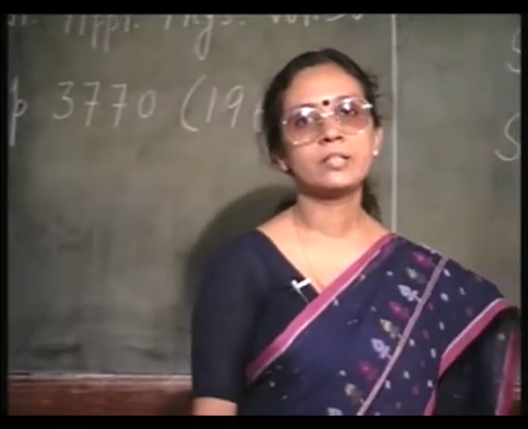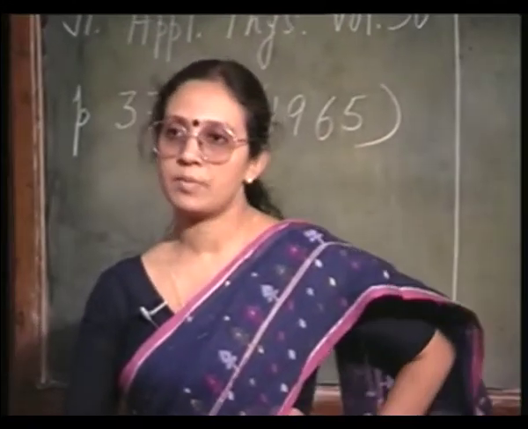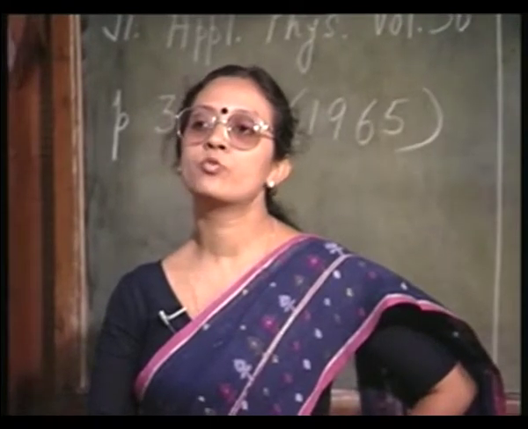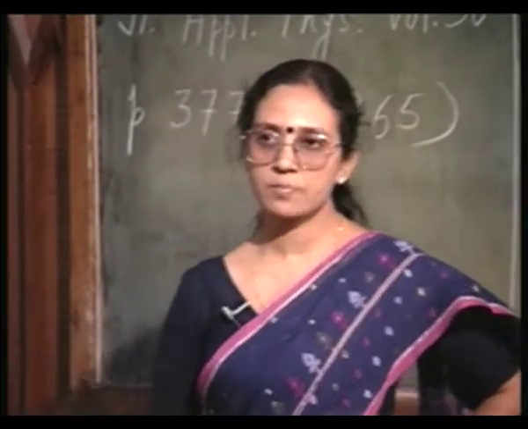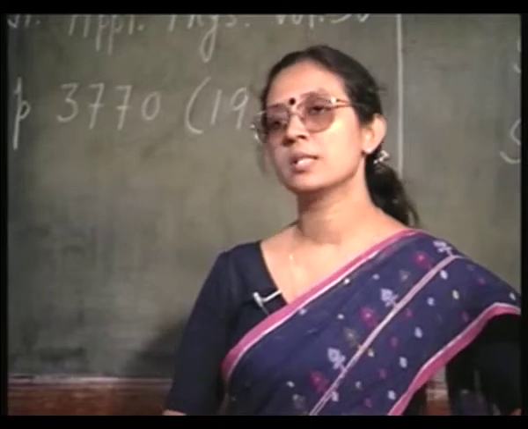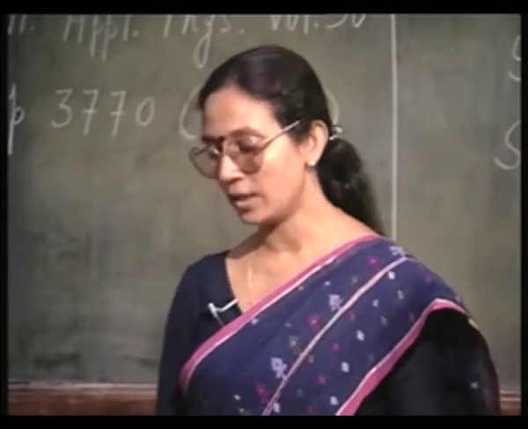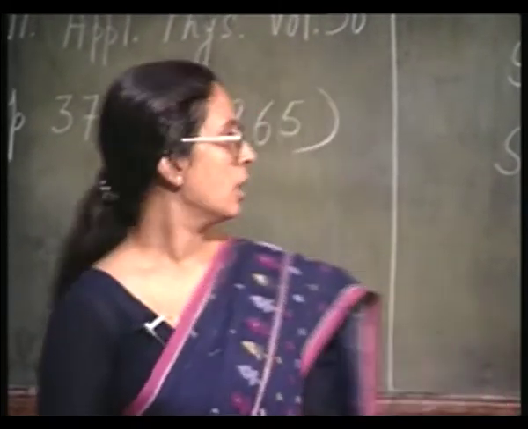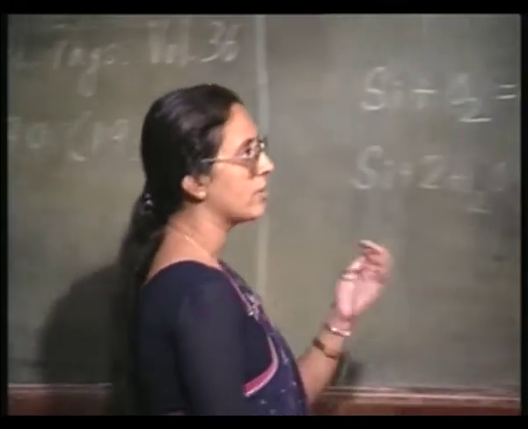So, by radioactive tracers it has been established that it is the movement of the oxidizing species into the silicon that is causing the oxidation. It will become more clear if I draw this.